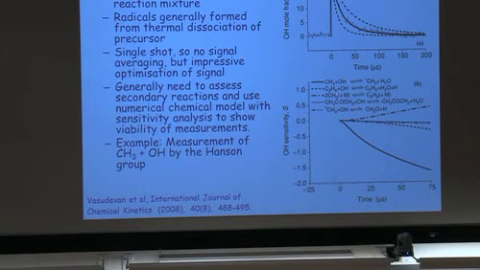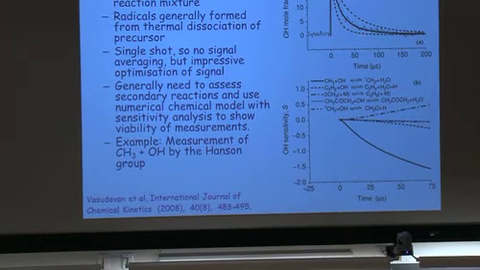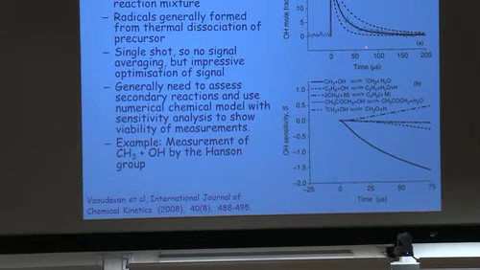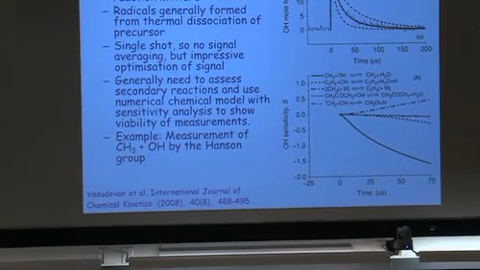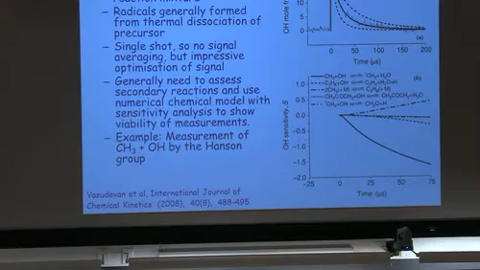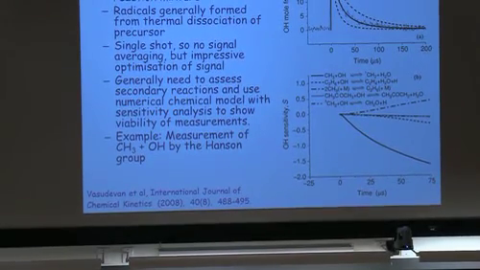So this is looking at OH, and here's the OH mole fraction as a function of time. And there's the decay of the OH, and they're getting the rate coefficient by analysing this decay and comparing it with a small chemical mechanism that they've constructed based on the number of species that are decaying.